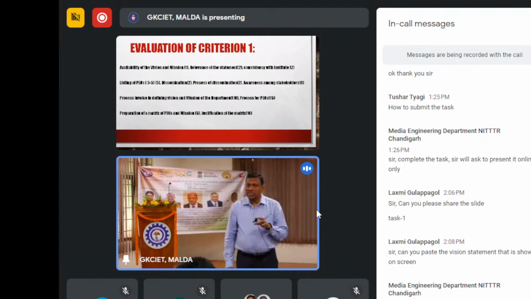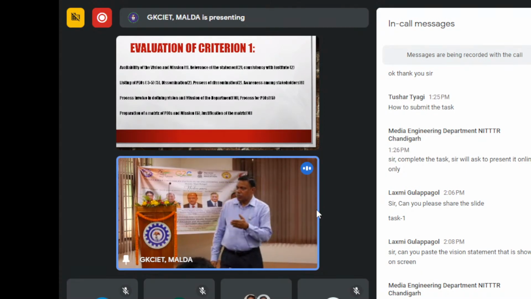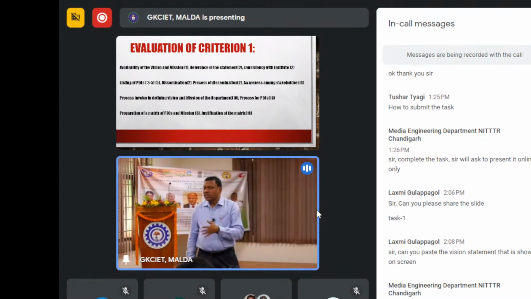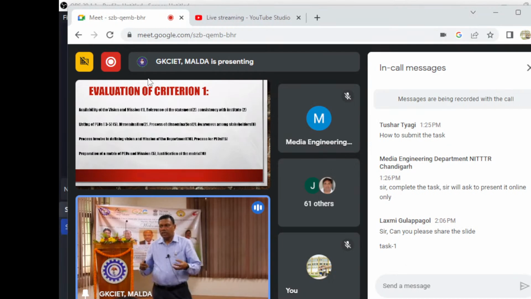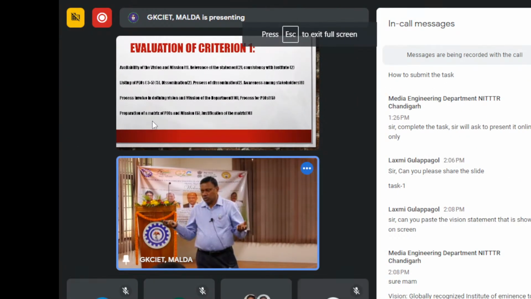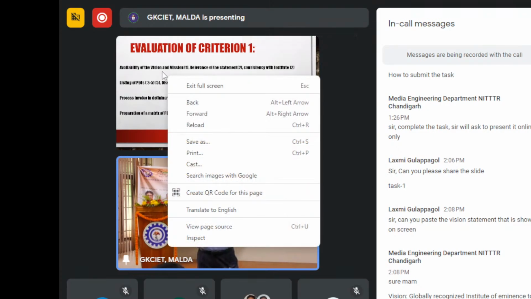So I should not create this type of statement which is going against the very purpose for which the organization has been established. Like in a North Bengal situation, you have been established to create multi-tier skilled manpower. If you are telling that you will be the research institute to do only ISRO-related research, then you are not justifying the requirement.